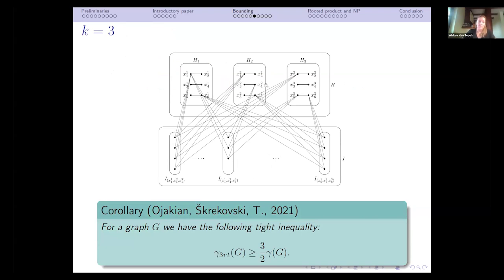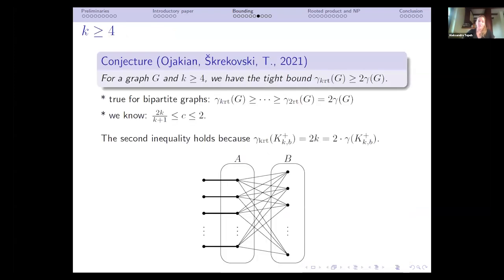But now it gets really interesting for k greater than or equal to 4. We have a conjecture that the tight bound should be 2 times gamma. And you can observe that this conjecture is certainly true for bipartite graphs because of this sequence of inequalities we saw before, and because we know that this equality holds.